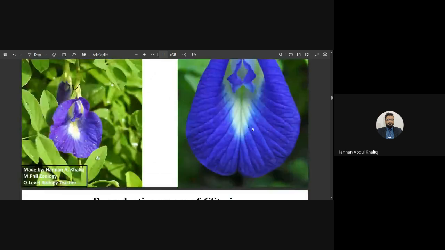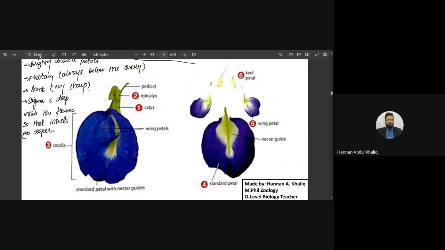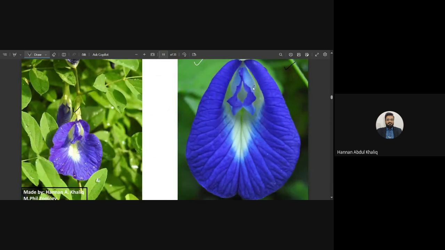The large outer petal, I'm sorry, the large petal is called the standard petal. And the petals inside of it, these are called the wing petals. Still, you cannot find the stigma.